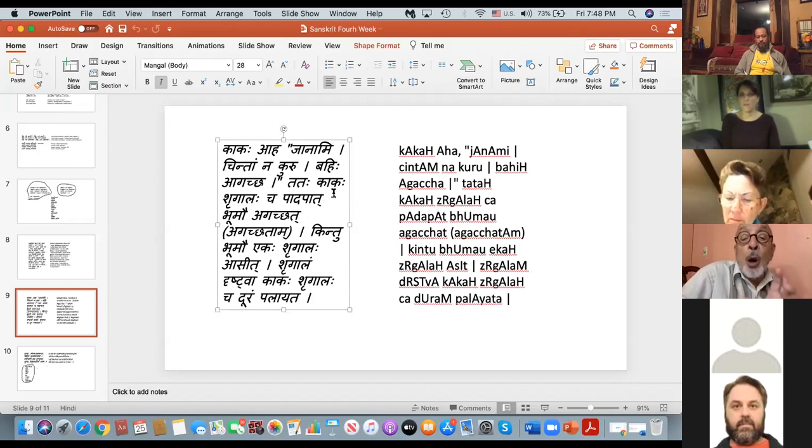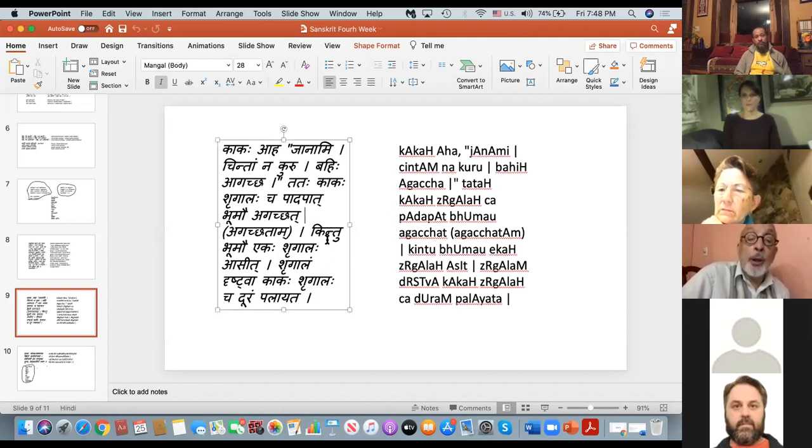But if two things are combined by cha, cha meaning and, you have a choice: agachat singular, agachatam dual. This is why I put agachatam in the parenthesis. Then the crow and the jackal from the tree went to the ground.